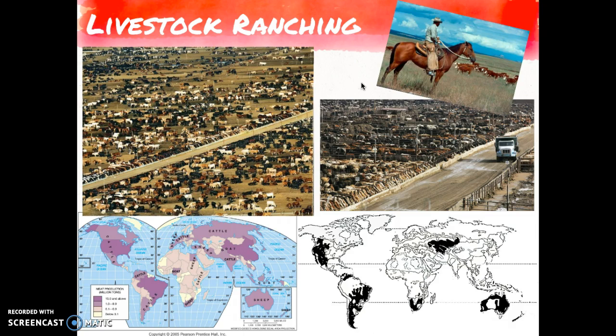In the U.S. today, we also see a decrease in the amount of land that's used for ranching and an increase in the amount of land that is used for feedlots instead. You can see here that the U.S. typically is ranching cattle, which is also popular in South America. But you can check out these other regions of the world where things like sheep, goat, and, not mentioned here, camels are also ranched.